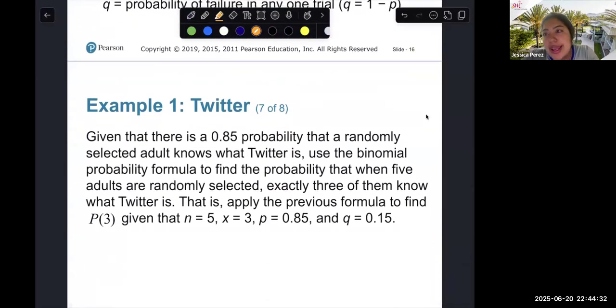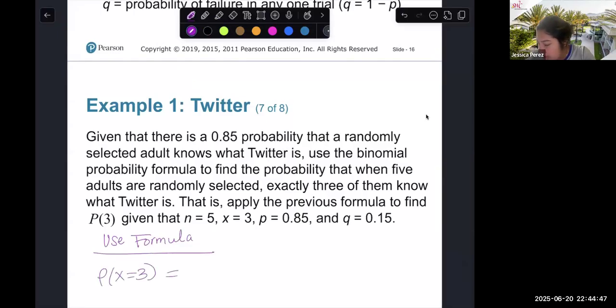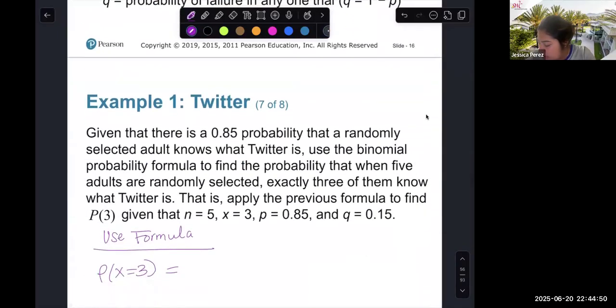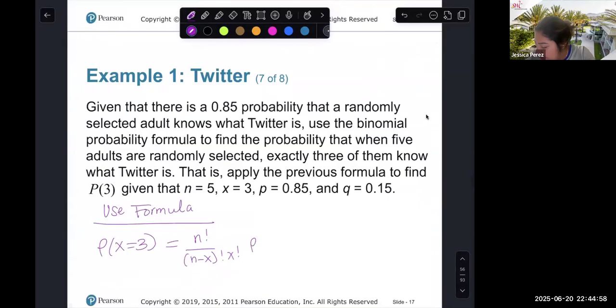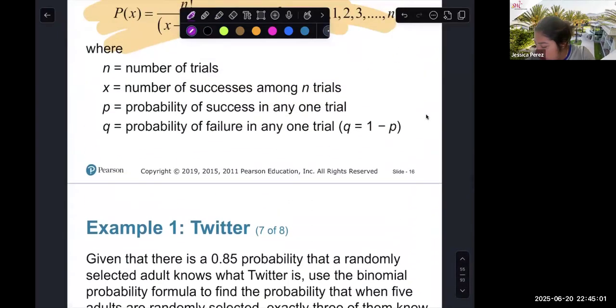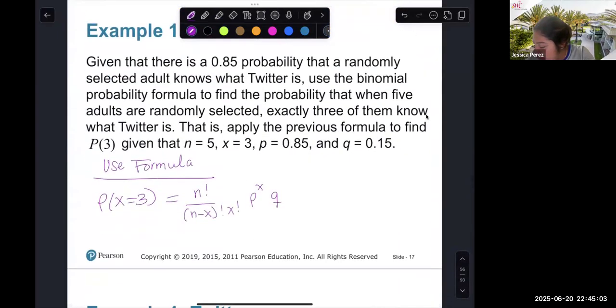Now we're actually going to be calculating a binomial probability distribution. We're going to use the formula P of x equals 3, the number of successes, which is n factorial over n minus x factorial times x factorial, p to the x, q to the n minus x.